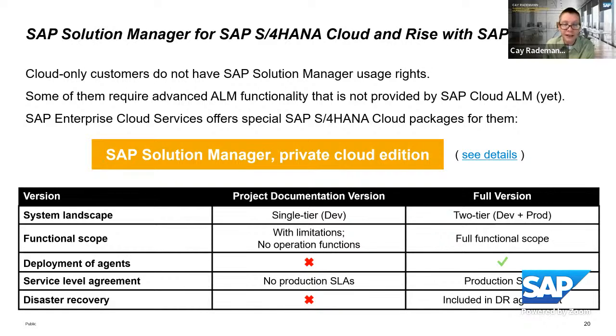You can only get SAP Solution Manager in this case if you subscribe to the so-called SAP Solution Manager Private Cloud Edition. This is an offering from SAP Enterprise Cloud Services, and this unfortunately also comes with some additional cost.